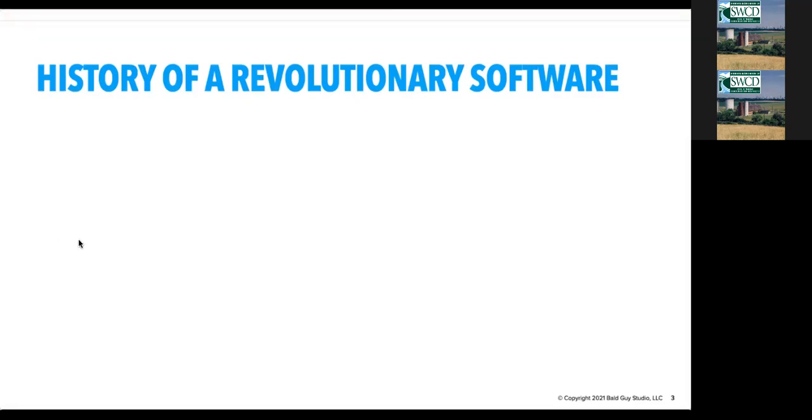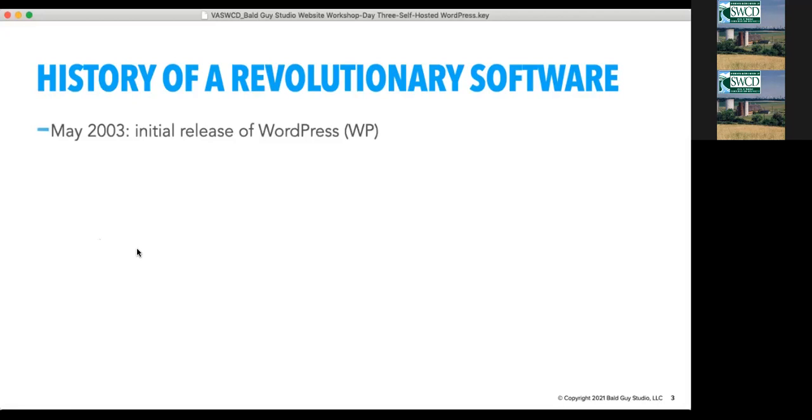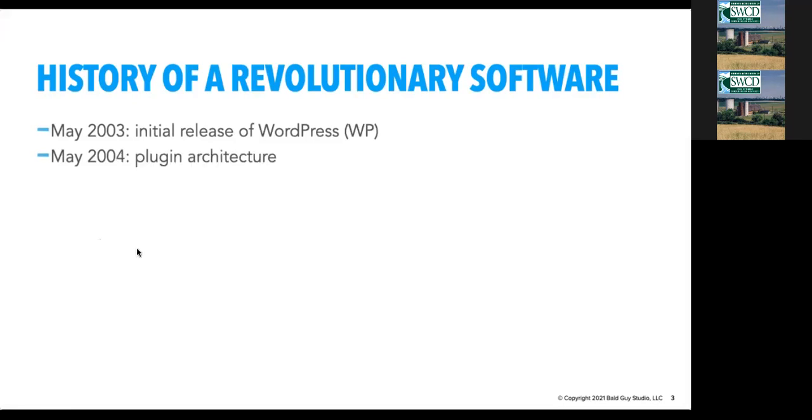So it's worth looking back a little bit, I believe, at the history. So in May of 2003, that's when the initial release came out. This was under the guidance of founders Matt Mullenweg and Mike Little. I'm not sure about Little, but Matt Mullenweg is very much at the helm these days, as he was back at the beginning.